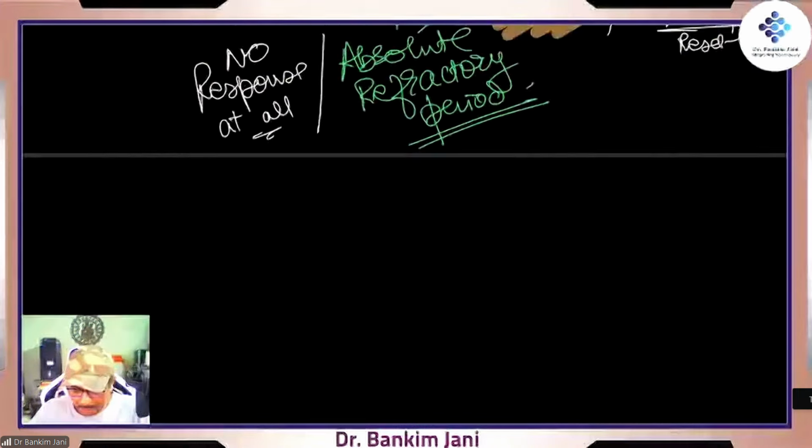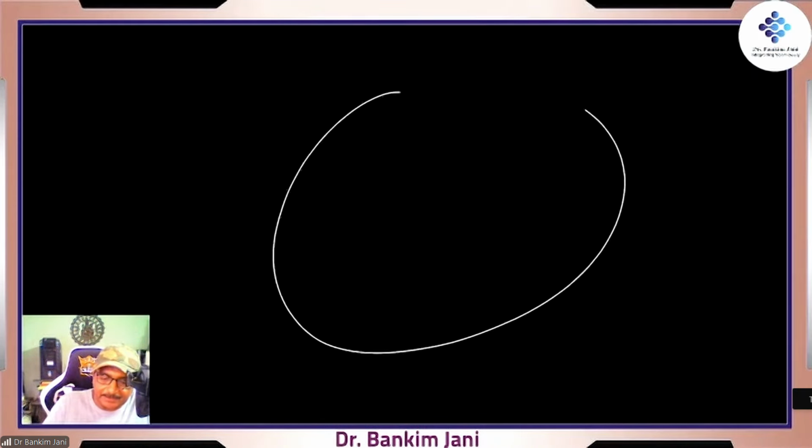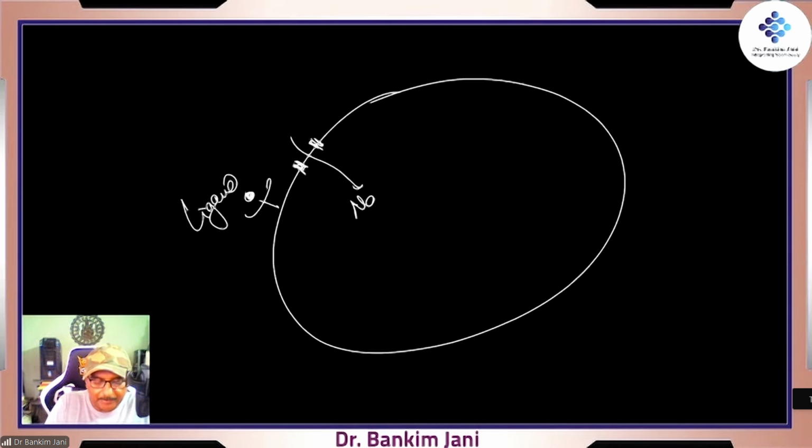No problem. See, here is the cell. The resting membrane is there. The stimulus comes. The ligand has come, it will open these slow channels. It will say, come on, sodium.